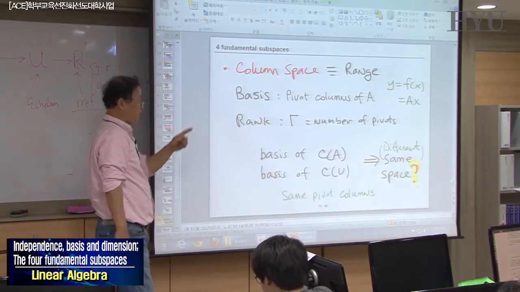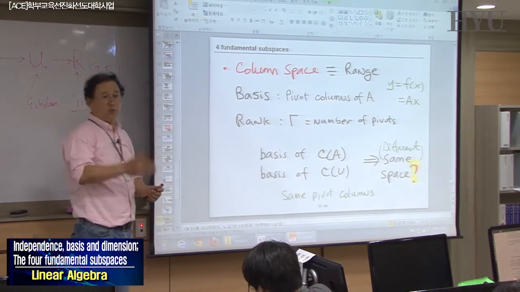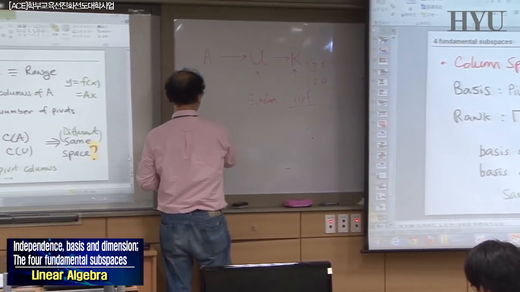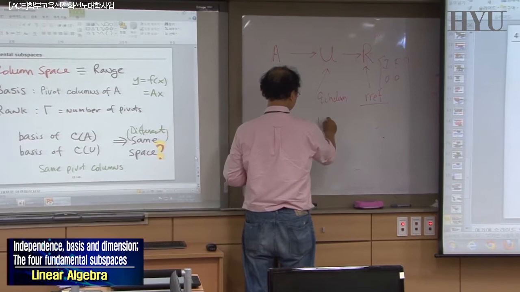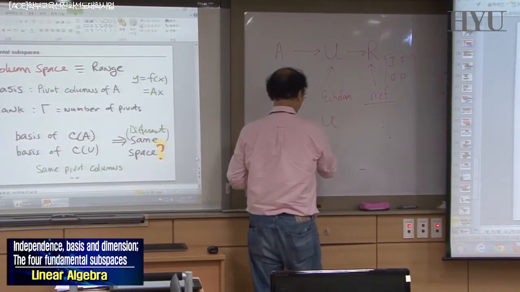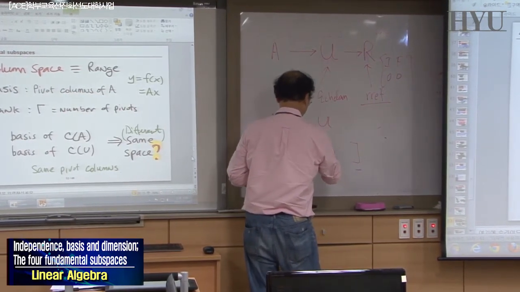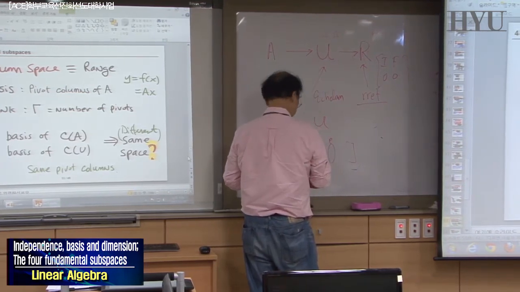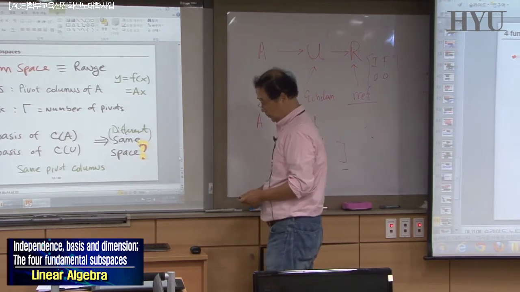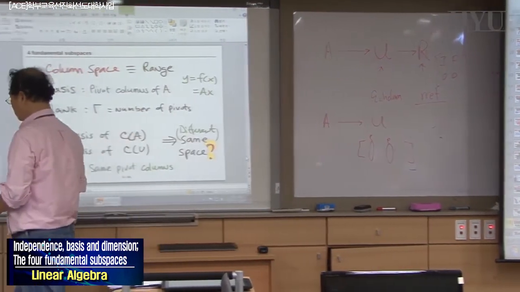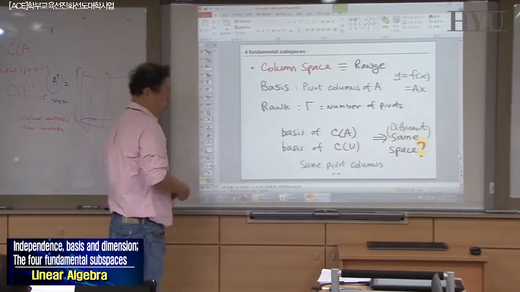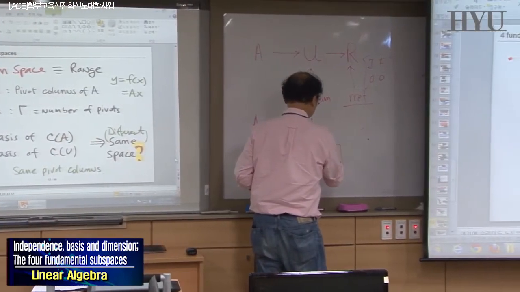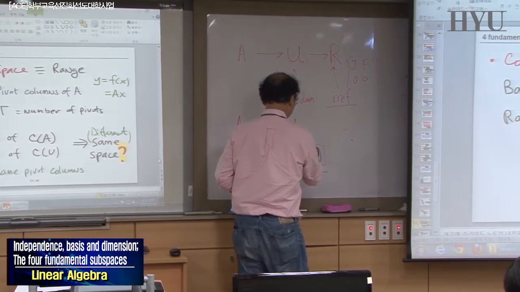Then from there, I can say, okay, when you transform A to L, U, right? From U, this one is a pivot column, and I say this one is free.